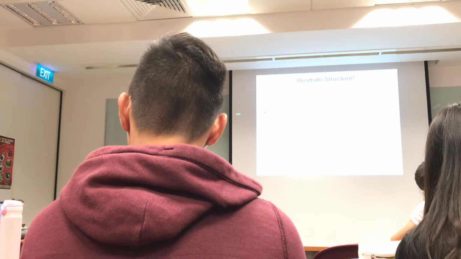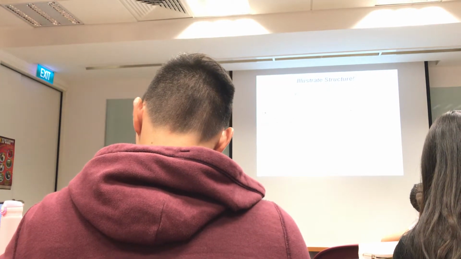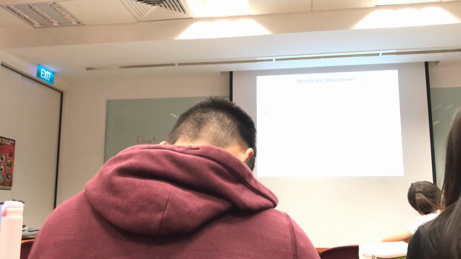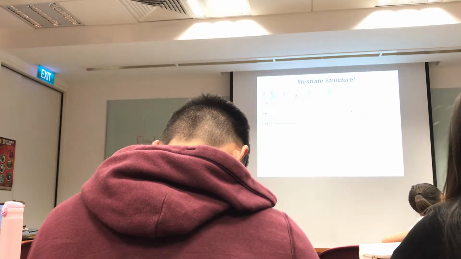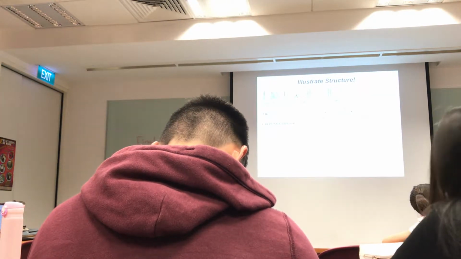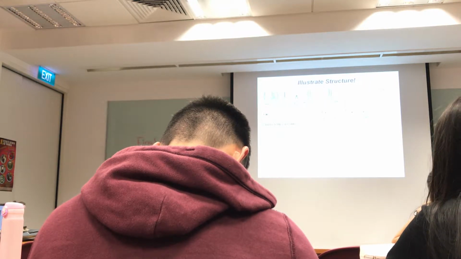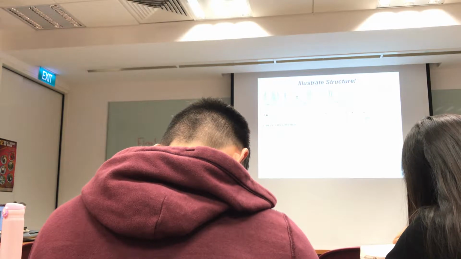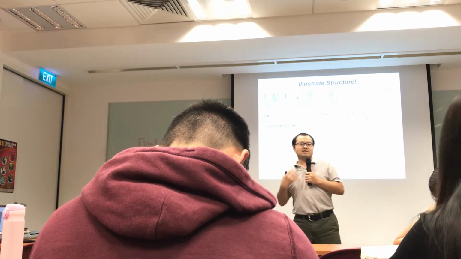This is the overall signal. From the integration line, you can see this is one proton, one proton. This is one. This is one. Also, this is one. This one is more or less 3 protons. This will be about 4 protons because it's higher than this. It's 4 protons.